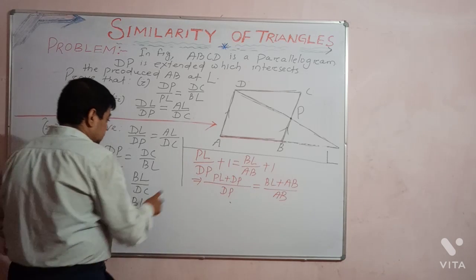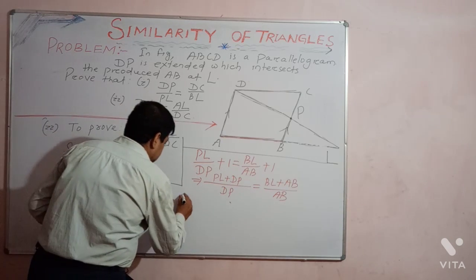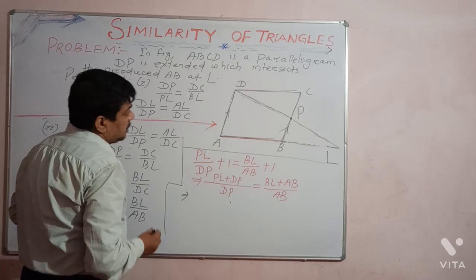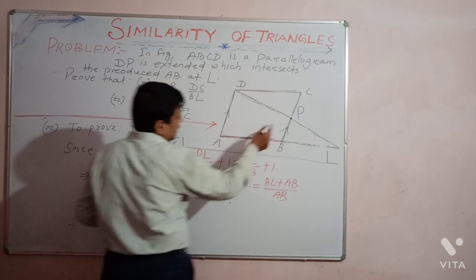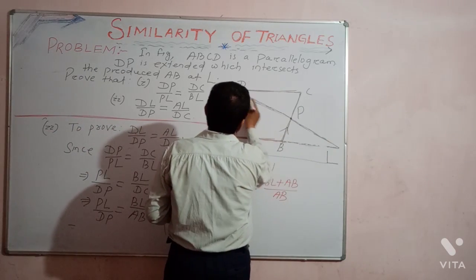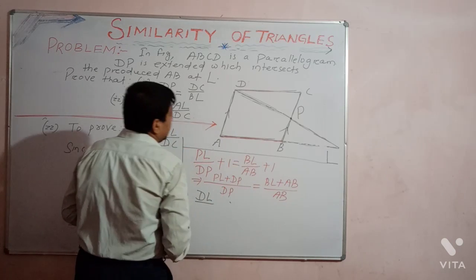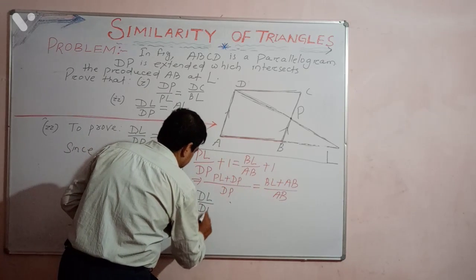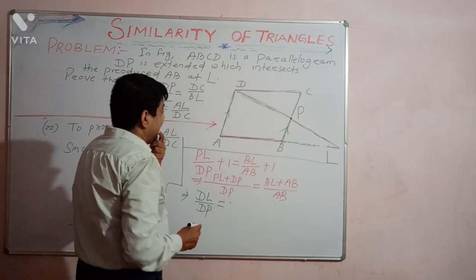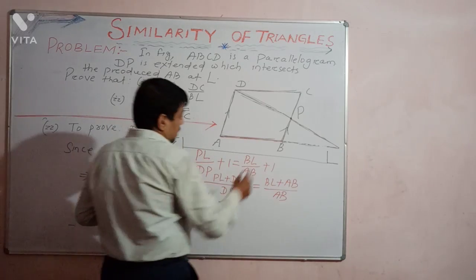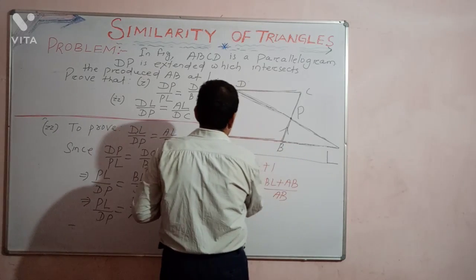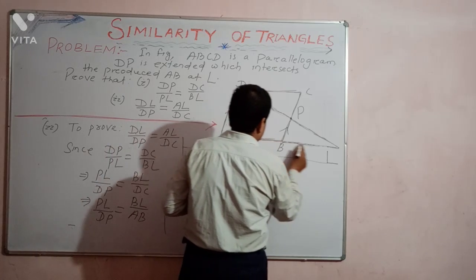Is it clear? Now let's see PL plus dP. Here you see the PL upon dP, which is dl, the length is dl by dP. dl by dP is equal to BL plus AB. You see now BL plus AB, the total length is AL.